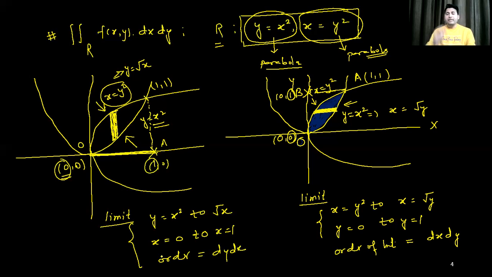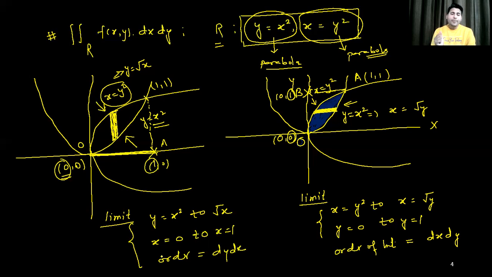One more important thing we need to keep in our mind is when we are rotating the strip inside the region, whether it is parallel to y-axis or parallel to x-axis, the starting curve and terminating curve of the strip will not be changed.